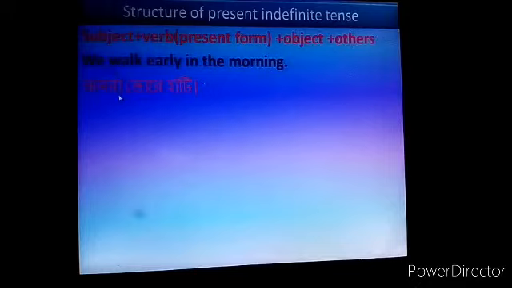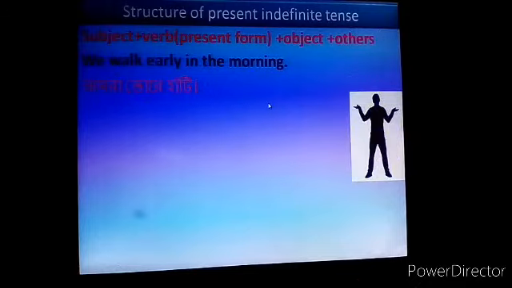And the Bengali meaning is: he is a young man. Here he is subject, is is verb, and a young man is the other part of the sentence.